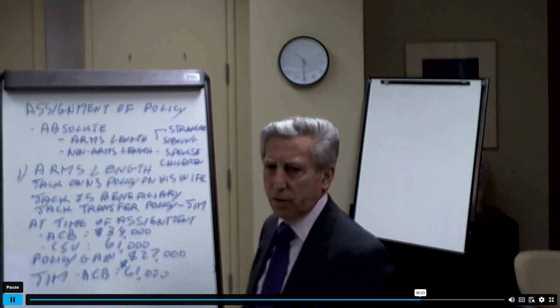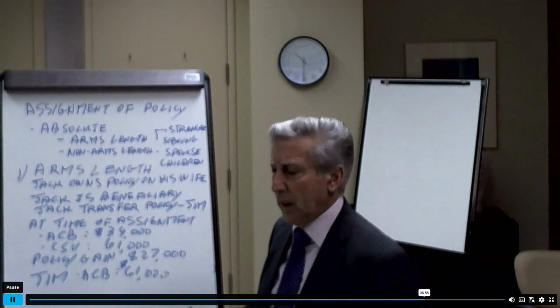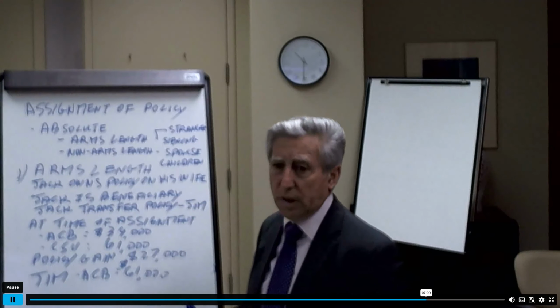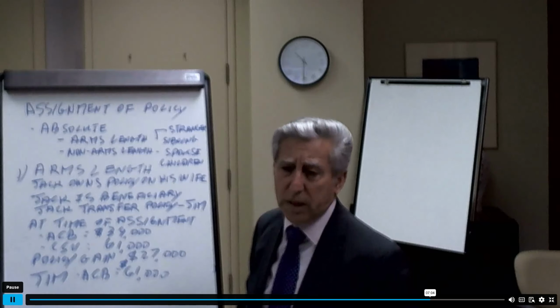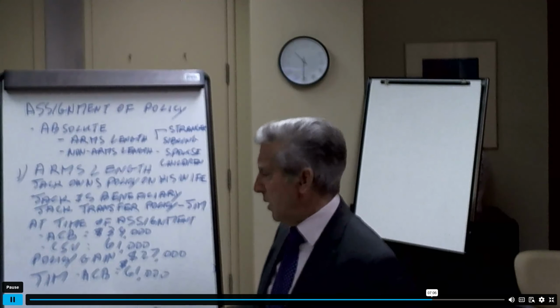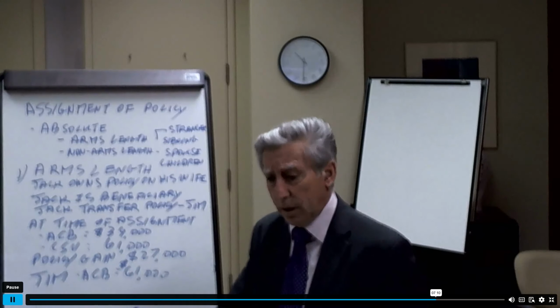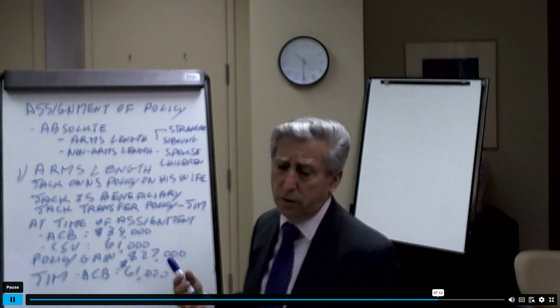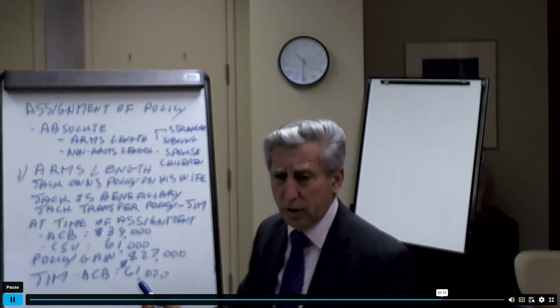So Jim is the successor owner, or contingent owner, of the policy. So Jack dies, now Jim owns that policy. Jack's estate now has a capital gain, and it'd be the exact same thing. So whether you transfer the policy while you're alive, or when you pass away, the same rules apply. There is a deemed disposition at that point.